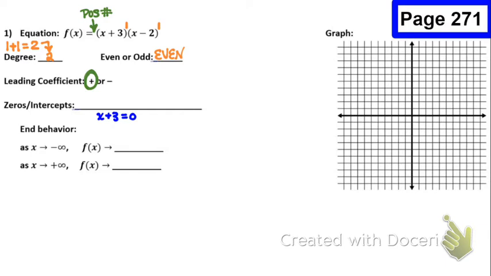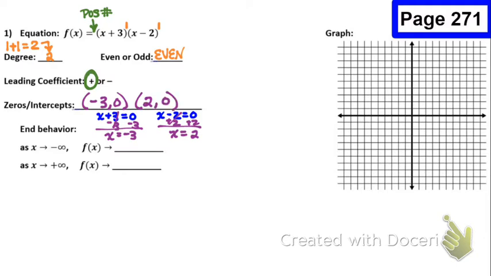So I'm going to subtract the 3 from both sides. X equals negative 3, so one of my zeros is at negative 3, 0. Where's the other one at? 2, 0. X minus 2 equals 0. So I add 2 to both sides. X equals 2. So 2, 0.